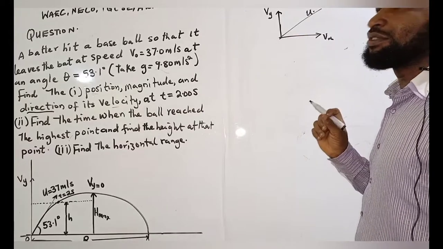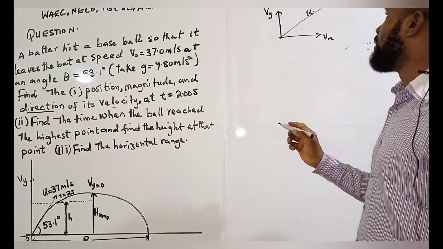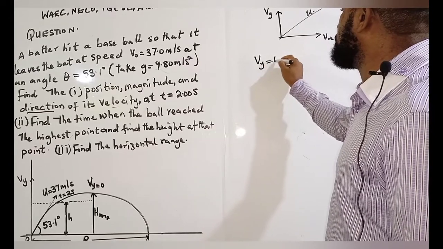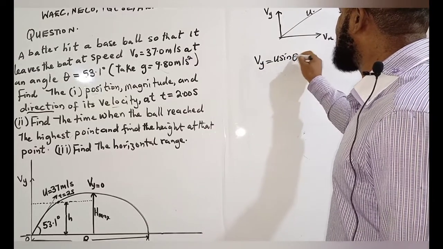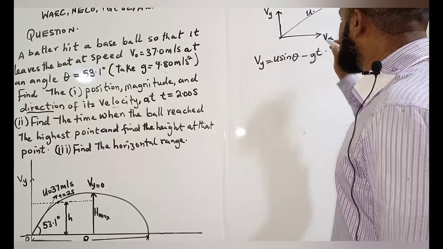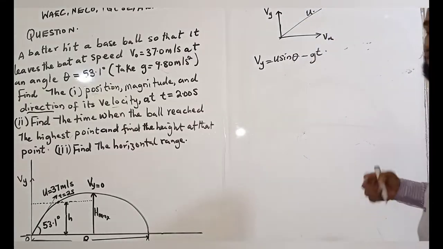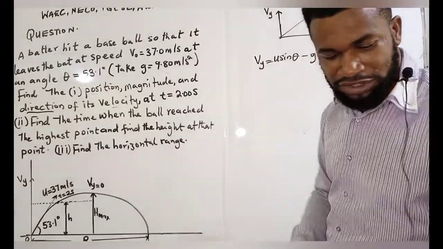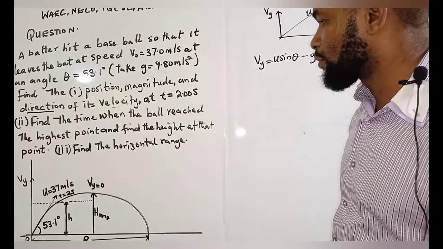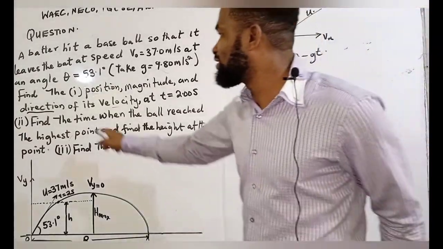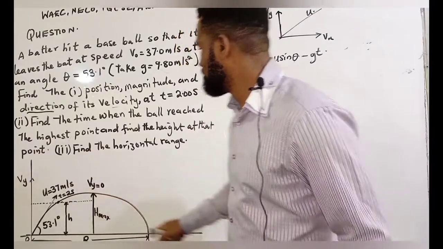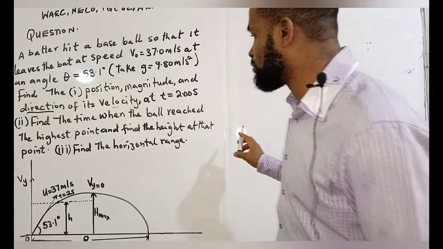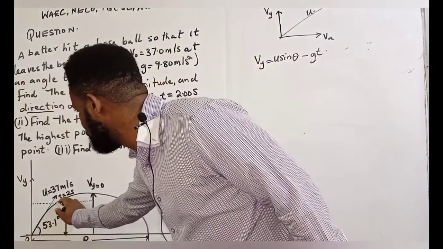At this point, what is my Vy? Vy is given as u sine theta minus gt. So according to this question, there are two stages for me to be able to find Vy at this point, 2 seconds.